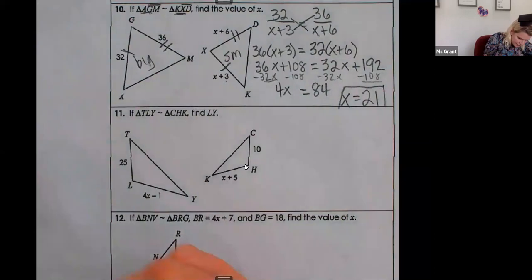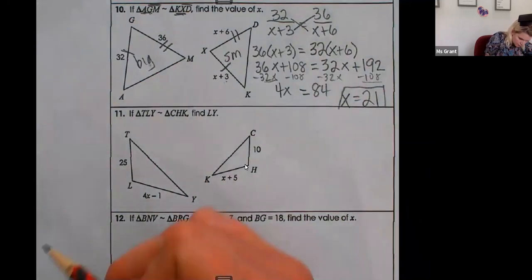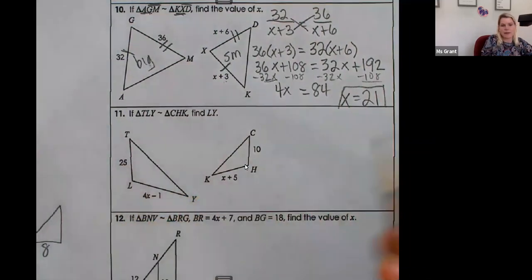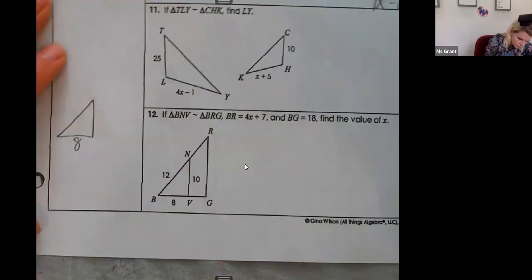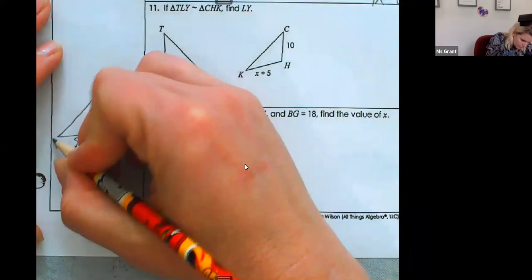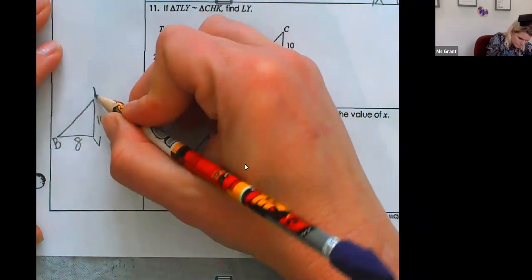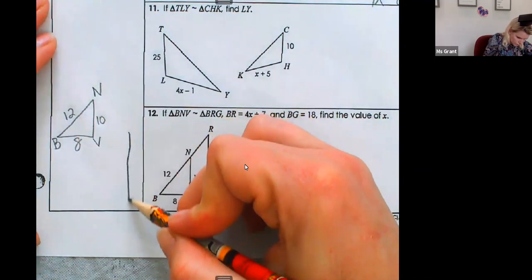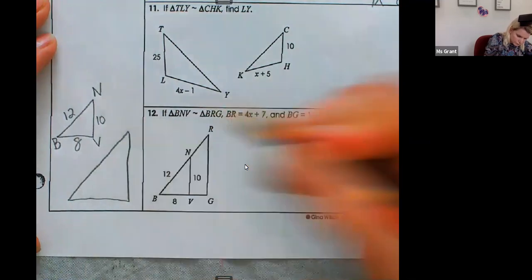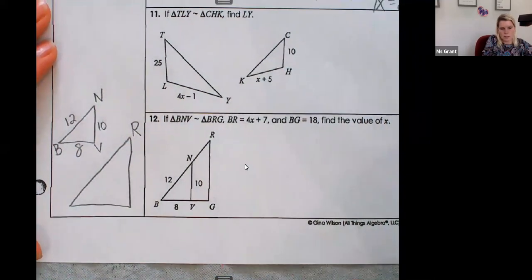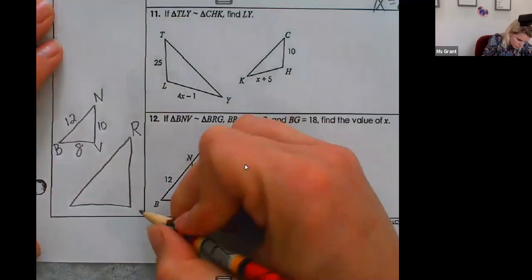I highly recommend, of course, that you separate the figures in number 12. So draw 2 triangles, the big one and the small one, and label them properly.